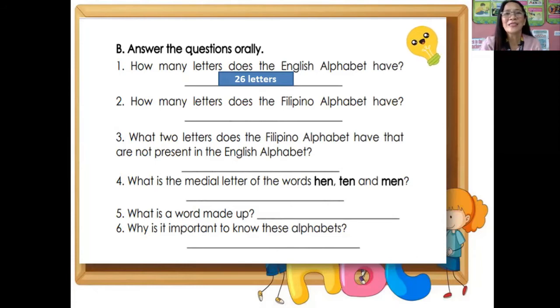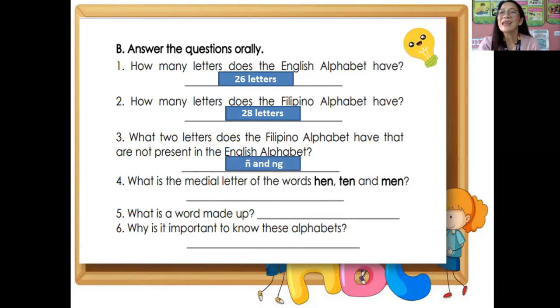How many letters does the Filipino alphabet have? It has 28 letters. What 2 letters does the Filipino alphabet have that are not present in the English alphabet? These are Ñ and NG.